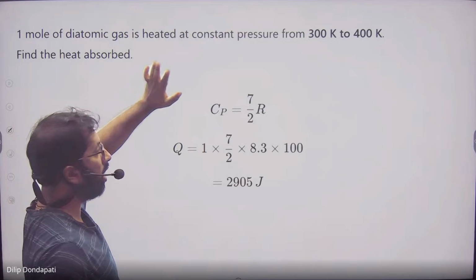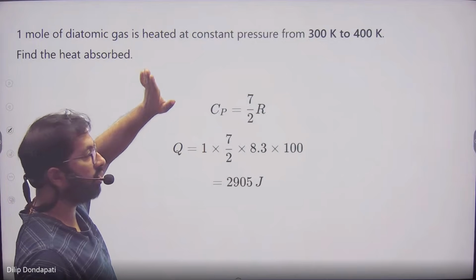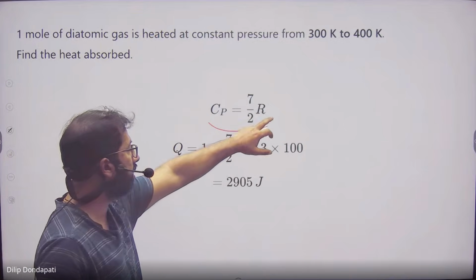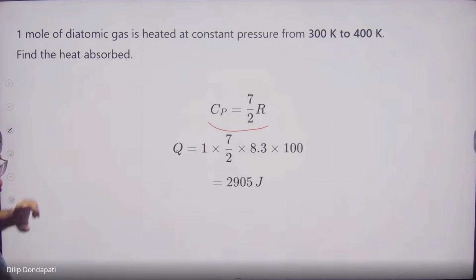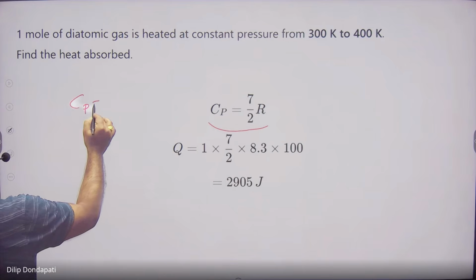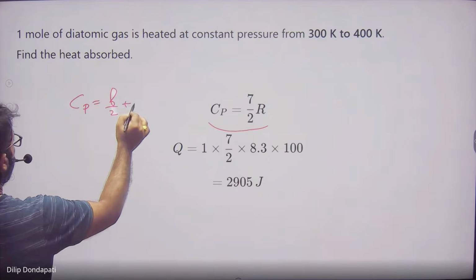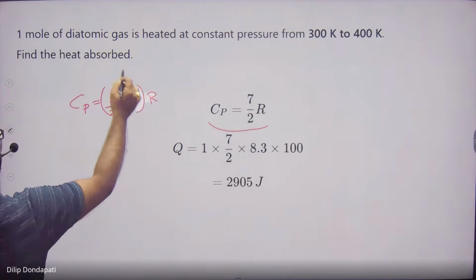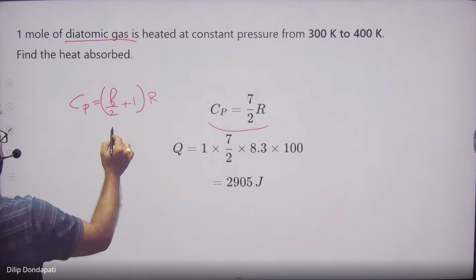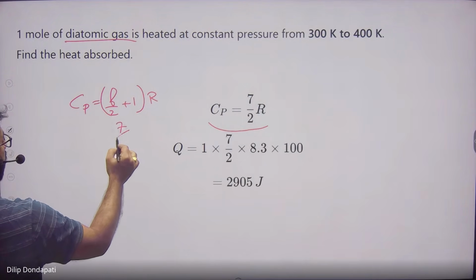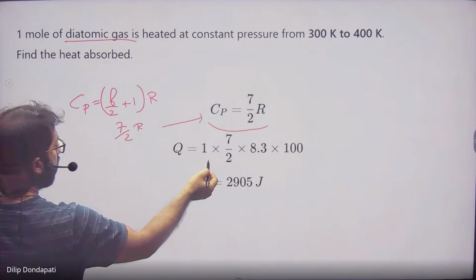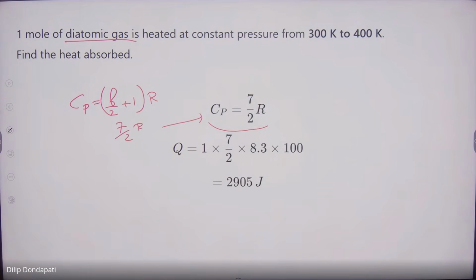Yeah, मतलब वो देखना पड़ेगा: क्या heat depends on constant pressure or constant volume. Constant pressure का formula क्या था? Cp is equal to f by 2 plus 1 times of R, right? Since he told diatomic, degree of freedom is 5. So 5 by 2 plus 1 is 7 by 2 times of R. Now formula is n Cp delta T. So heat depends on the process you are doing.